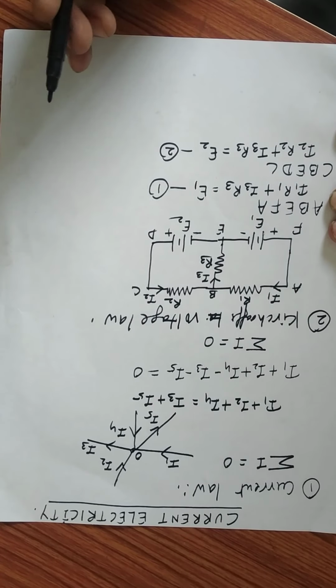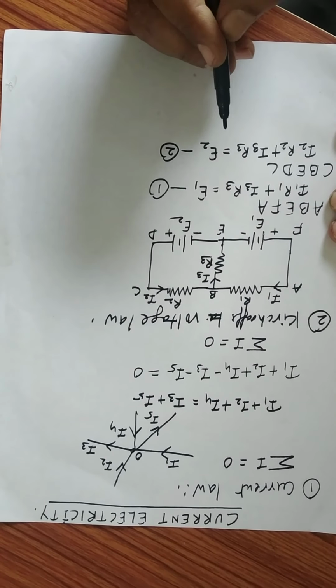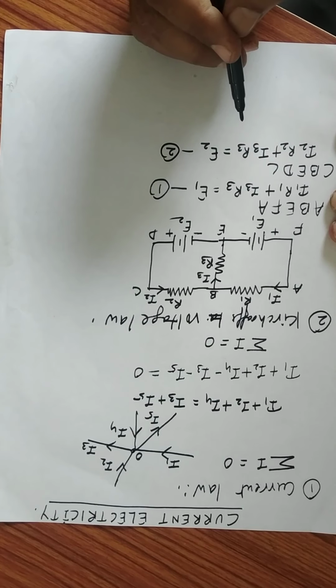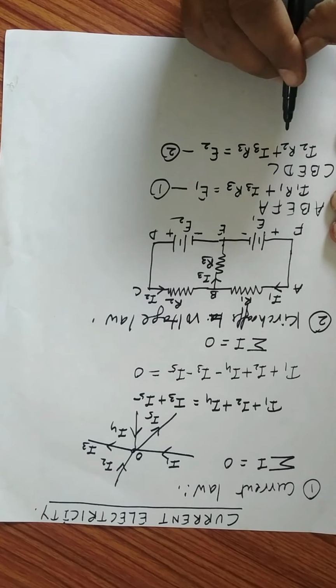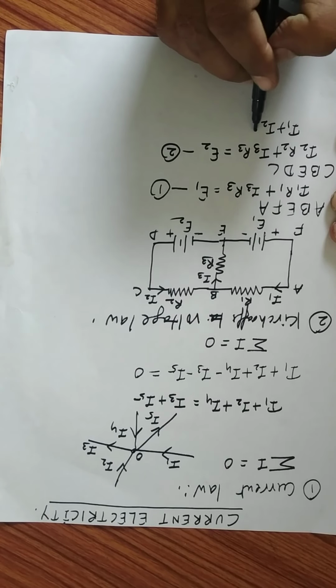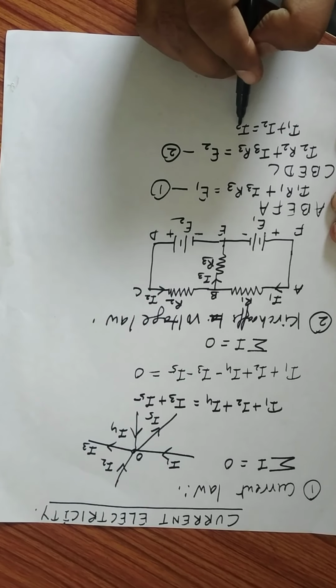Now apply Kirchhoff's current law at the junction B, because B is the junction. Then incoming currents are I1 and I2, and the outgoing current is I3. Then according to Kirchhoff's current law, I1 plus I2, that is the incoming current, is equal to the outgoing current I3.